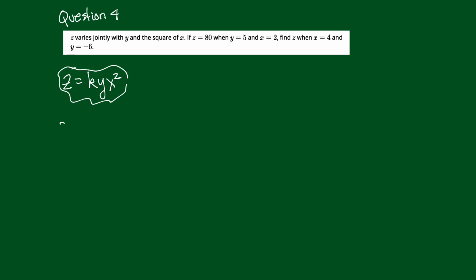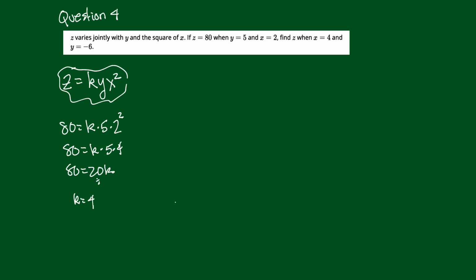So we will get that 80 is equal to k times y, which is 5, times x, which is 2, but that gets squared. So 80 is equal to k times 5 times 4, or how about 80 is equal to 20k. Now, let's divide. So we will get that k is equal to 4.